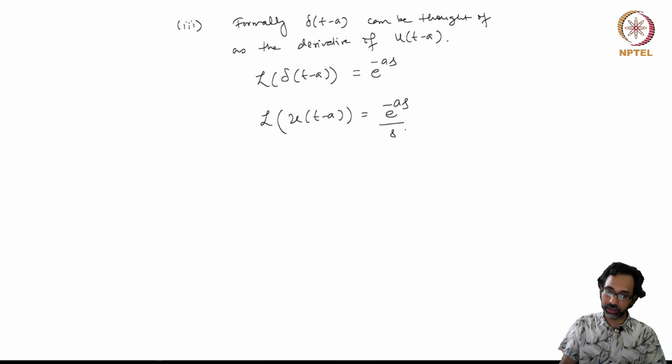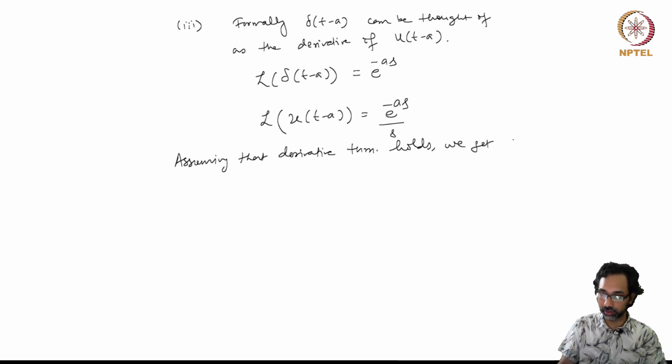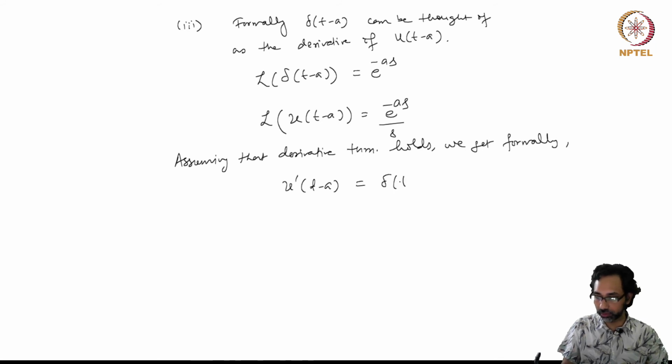So assuming that the derivative theorem holds, we get formally, by formally I mean I'm not talking about a rigorous mathematical sense, but just by intuition, that the derivative of the unit Heaviside step function is equal to delta(t minus a).